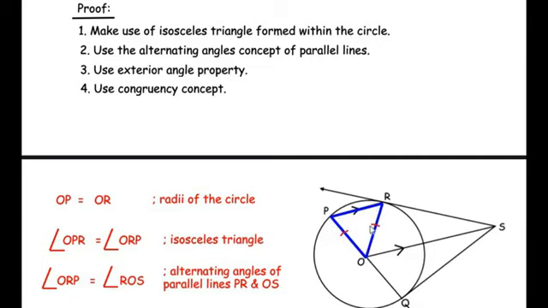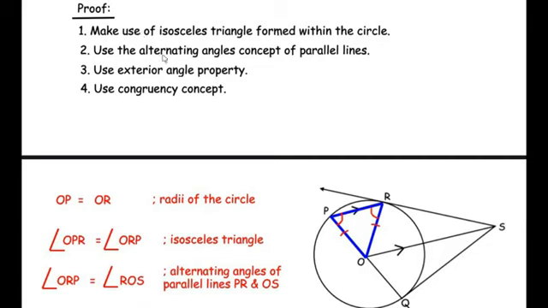So if two sides are same, the opposite angles are going to be equal, that is angle P and angle R are going to be same. So since these two sides are same, the angle OPR is equal to angle ORP, as it is written over here, and this is because it is an isosceles triangle.